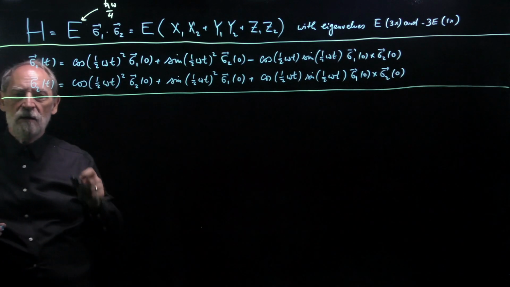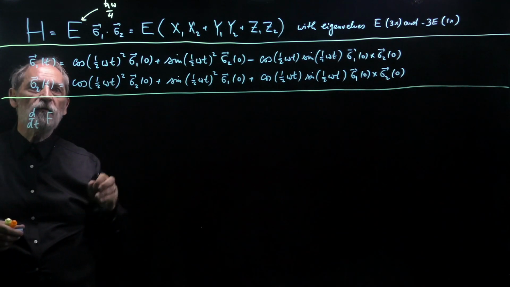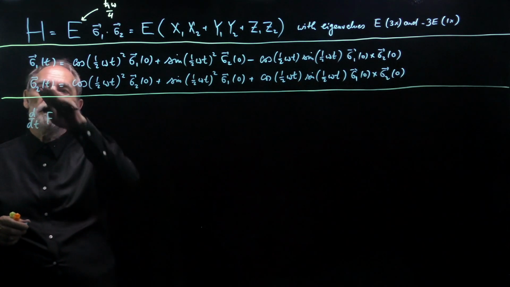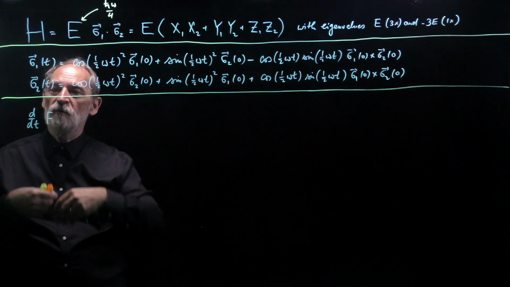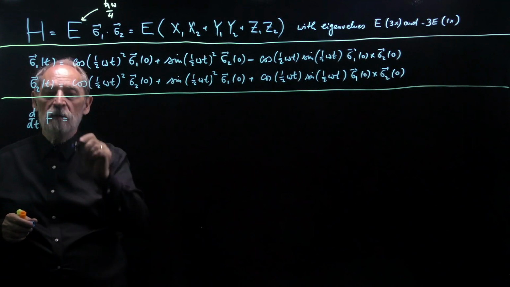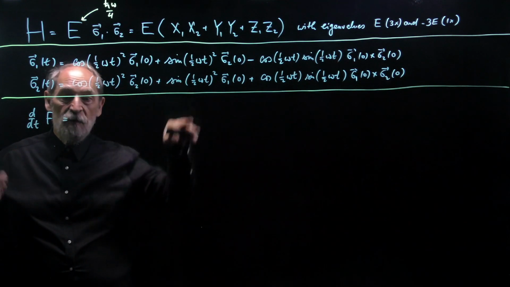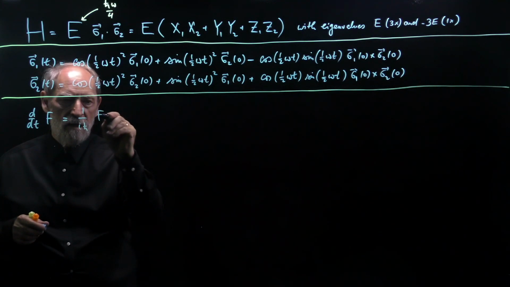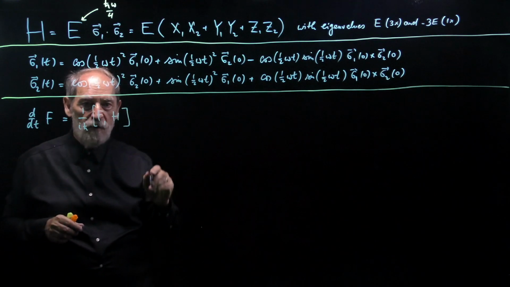And for that, let's look again at the time derivative of some operator F, which would be a function of these sigmas, perhaps a component of sigma 1, perhaps a component of sigma 2, perhaps the sum of the two, perhaps the difference of the two, or the cross product of the two, a sum operator, and we just assume for now that there is no parametric time dependence, because that would be artificial here. And so we have 1 over i h bar, and then it's F and the Hamilton operator, the commutator of the two. So let me write this out.